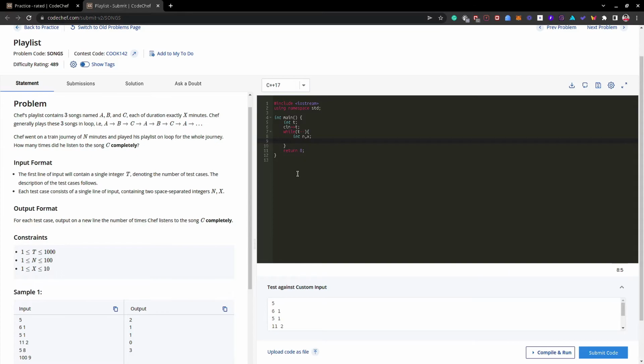So first of all, there must be another integer, because p will store the calculated value.